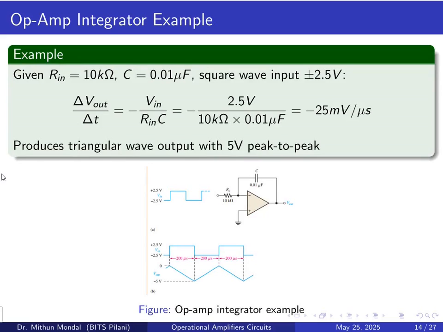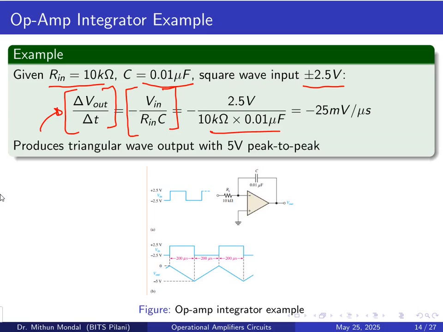So if you take one example where the input resistor is 10 kilo ohm, capacitor is 0.01 microfarad, and the square wave input or step input is plus minus 2.5 volt, then the output voltage with respect to time t, delta V out by delta t, we will get as minus V in by RC. This is the integrator voltage equation.